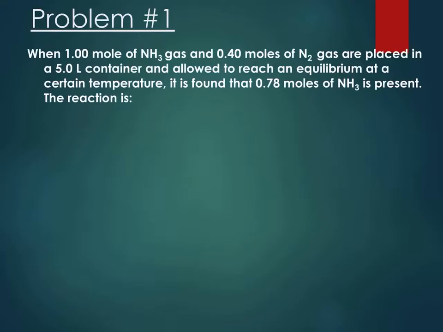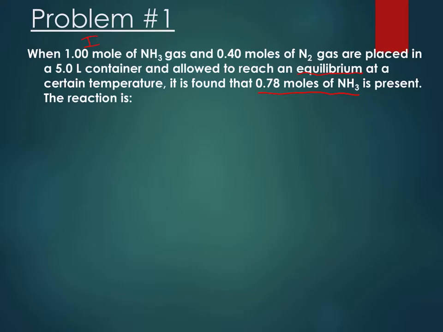It is found that 0.78 so it reaches equilibrium. Okay, so initially we have 1 mole of NH3, 0.4 moles of N2, then it's at equilibrium, and now it's changed to 0.78 moles of ammonia. So we went from the initial amount, and at equilibrium we found 0.78 moles.